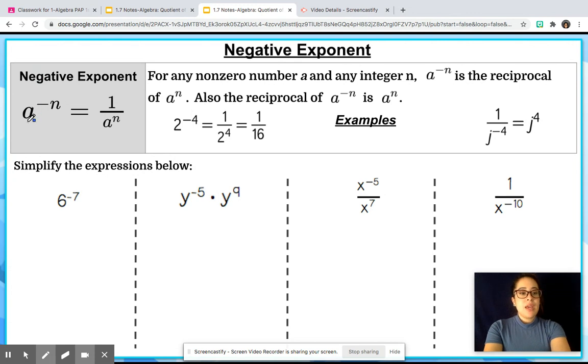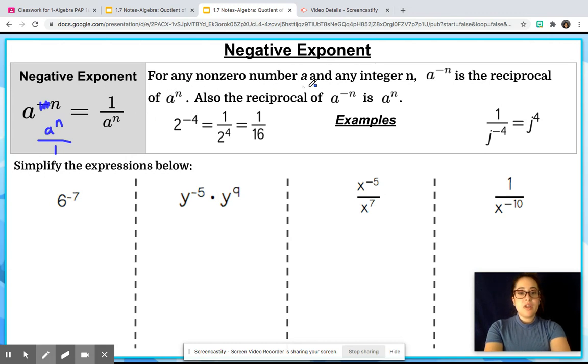So a raised to the negative n, I would remove this negative symbol and put it as 1 over a to the n. In other words, a to the n over 1 is flipped to 1 over a to the n.